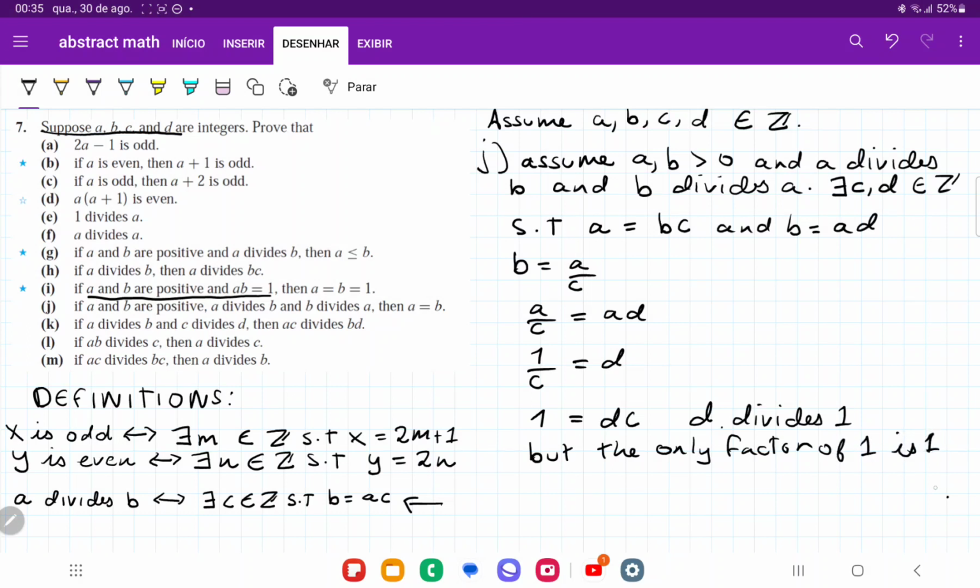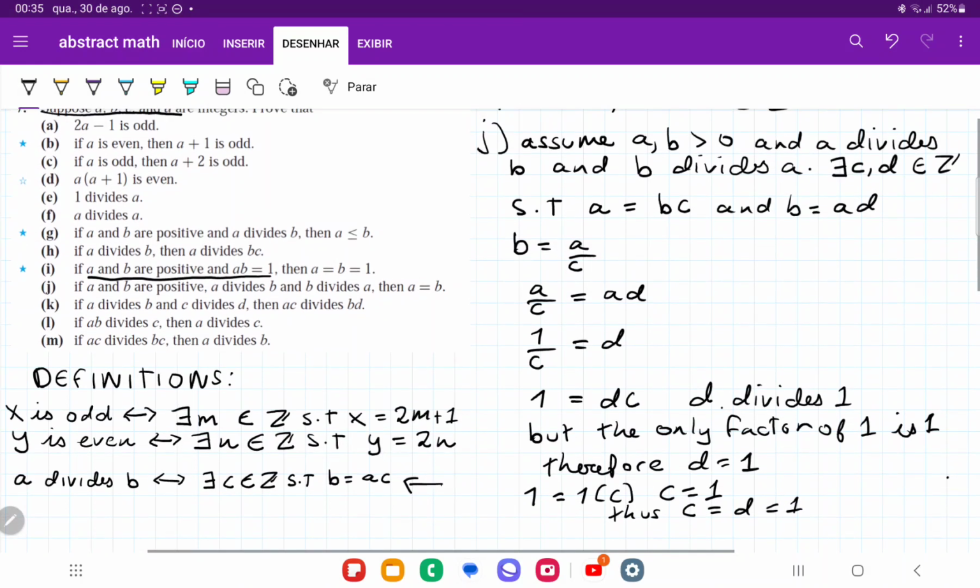So if D divides 1, therefore D is equal to 1. And so 1 is equal to 1 times C, and C is equal to 1.